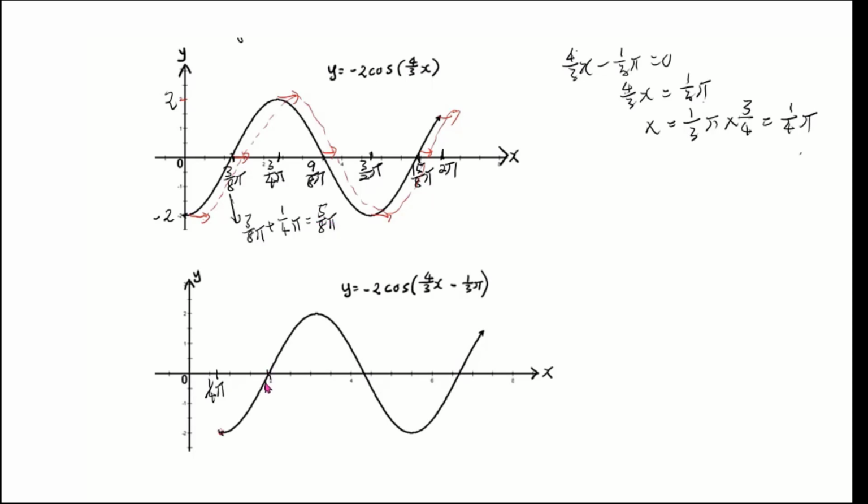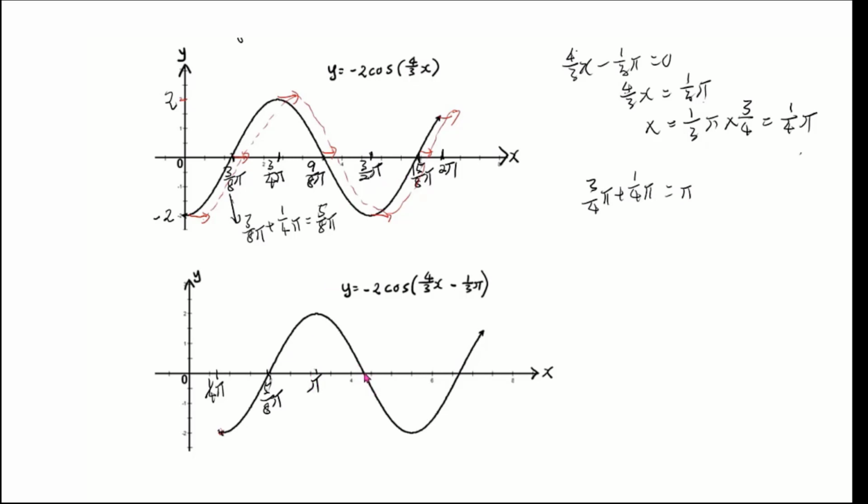So we label this one as 5 over 8 pi. Now for the maximum point, before shifting, it is 3 over 4 pi. After shifting with plus 1 over 4 pi, the new value is pi.